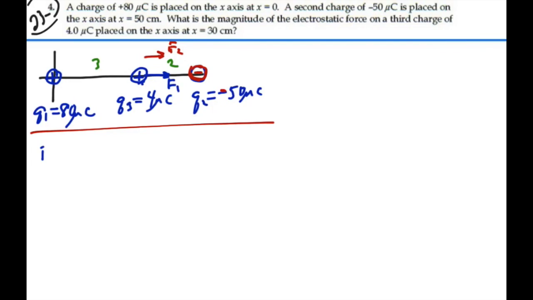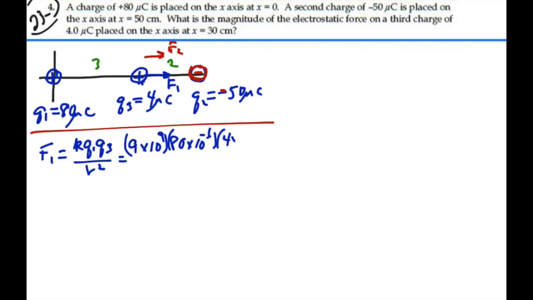Let's find F1. That's going to be equal to K Q1 Q3 over the distance between them squared. 9 times 10 to the 9. Q1 is 80 microcoulombs. Q3 is 4 microcoulombs.